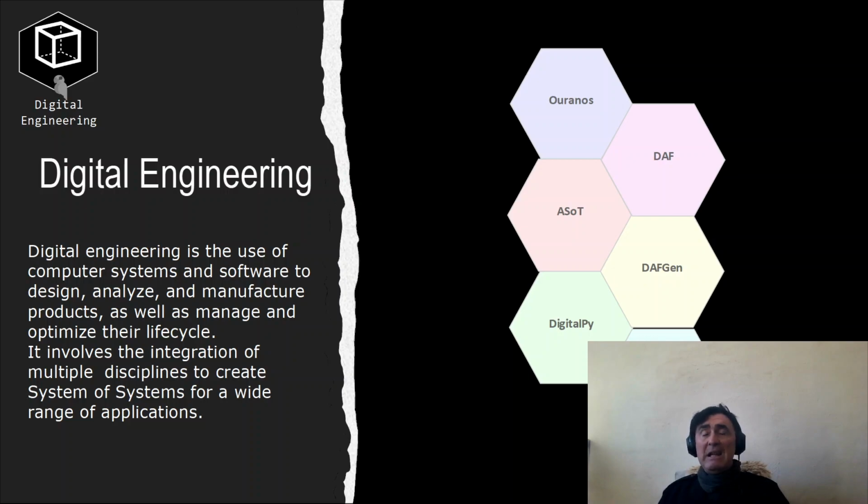And the aim of that language is to be able to create models that are digital twins, aka representations not only of the software that we want to build, but of the complete domain. In our case, it is the so-called situational awareness that we are working on. By using DAF, we are creating the model called the ASOT.